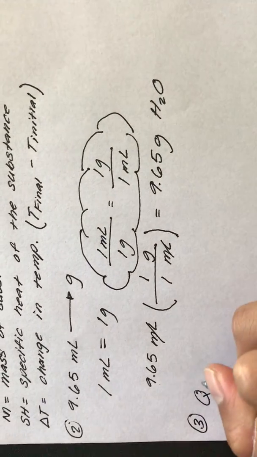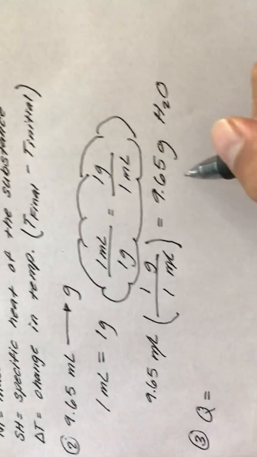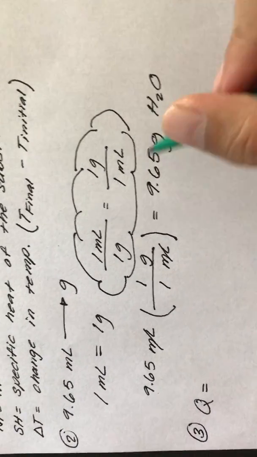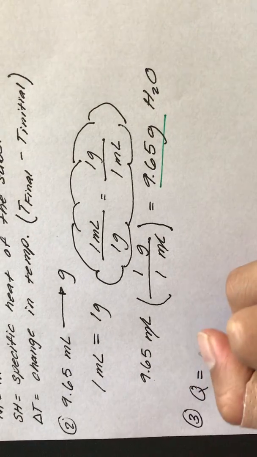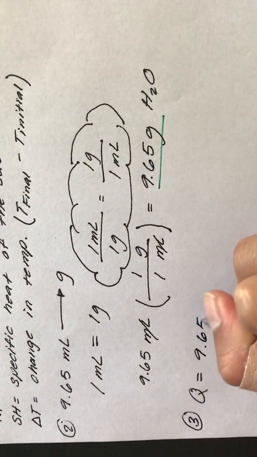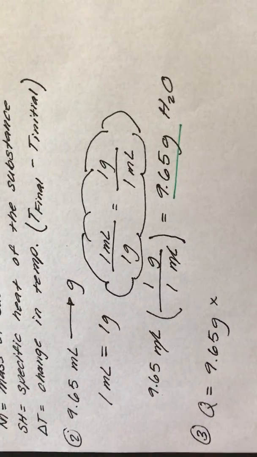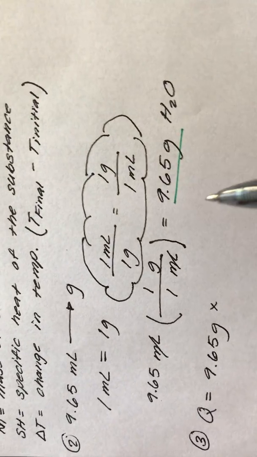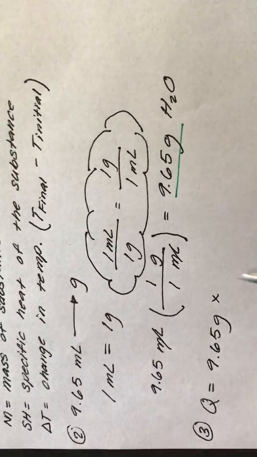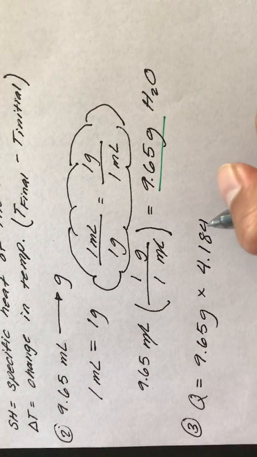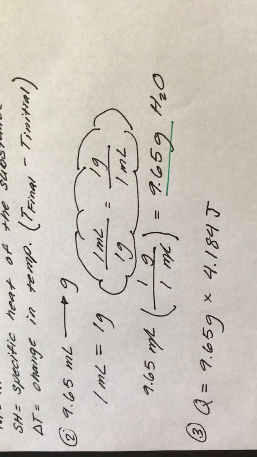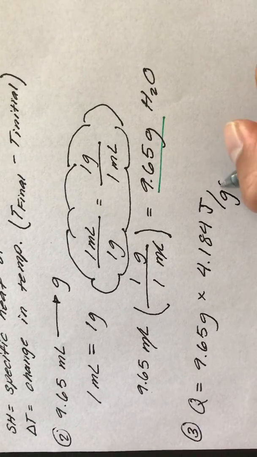So that's Q equals, this is our mass, so that would be 9.65 grams times the specific heat of water, which in this case is 4.184 joules per gram Celsius.